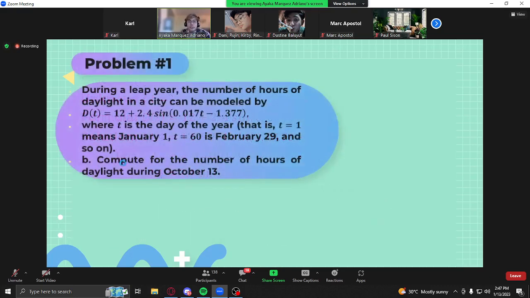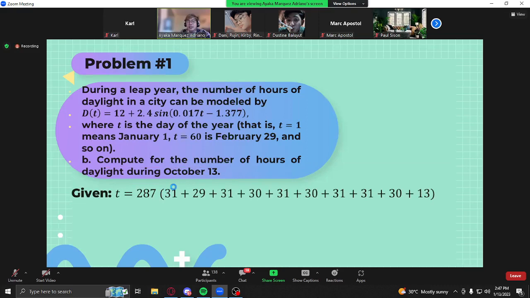Gusto naman nating sa letter B ngayon, gusto naman nating malaman kung gaano katagal ang number of hours on October 13. Leap year ito ha, so isasama ninyo yung October 29. Ang tanong, ilang araw meron tayo from January 1 hanggang October 13? How many days? January 31, di ba?